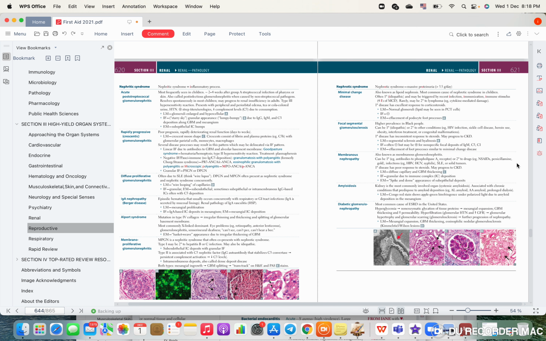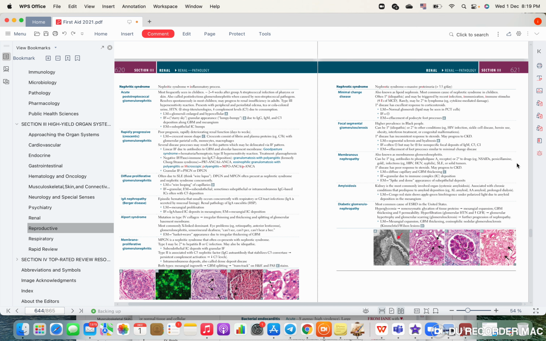Okay, speaking about electron microscopy, which other disease has a similar electron microscopy finding to minimal change disease? Like another disease that has the exact same finding as minimal change disease on electron microscopy. They ask it like this actually.